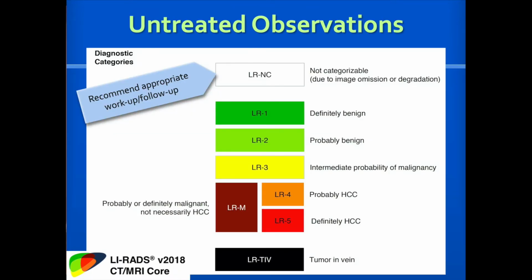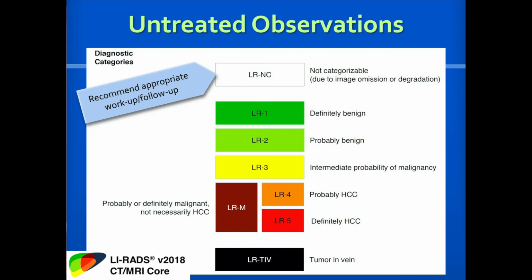For untreated observations, these are the possible categories that we will apply to what we see. Notice that there's a category called LR-NC, not categorizable. It's important to understand that this does not mean that it's indeterminate based on imaging findings. Instead, what this means is that the imaging was either insufficient or non-diagnostic.